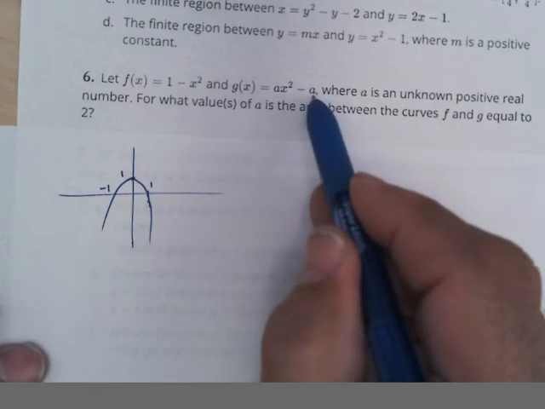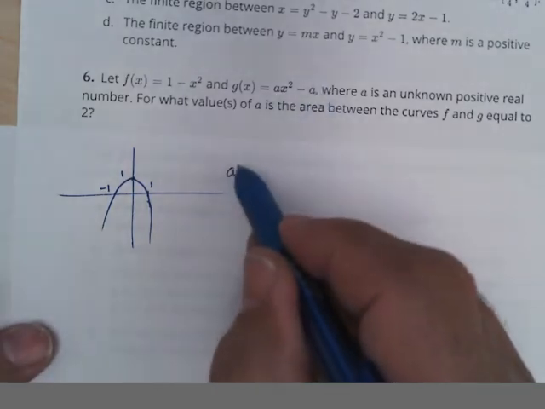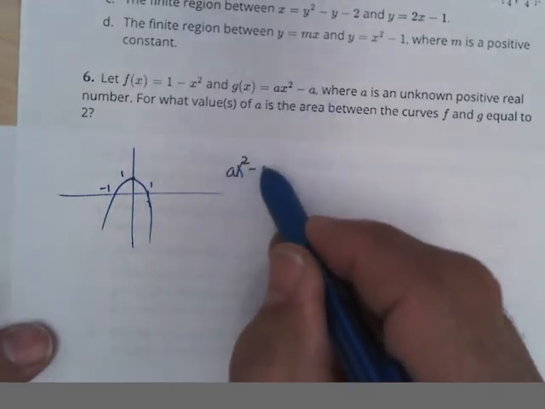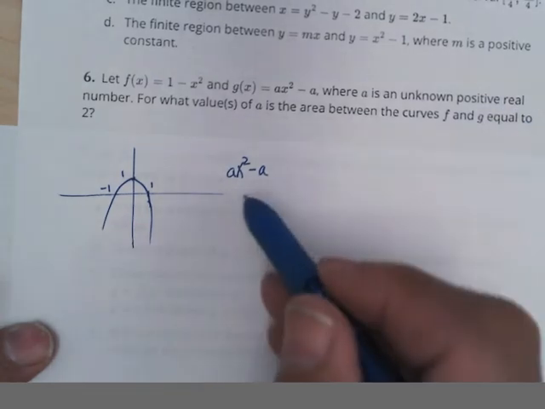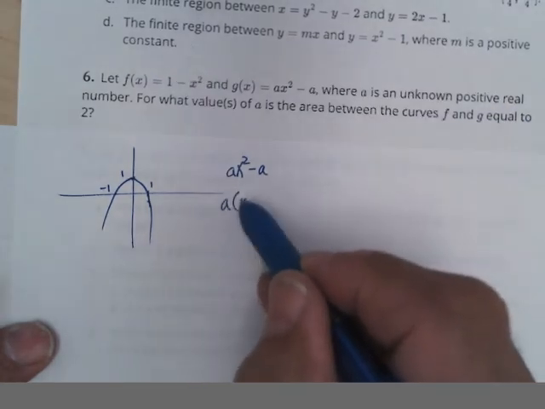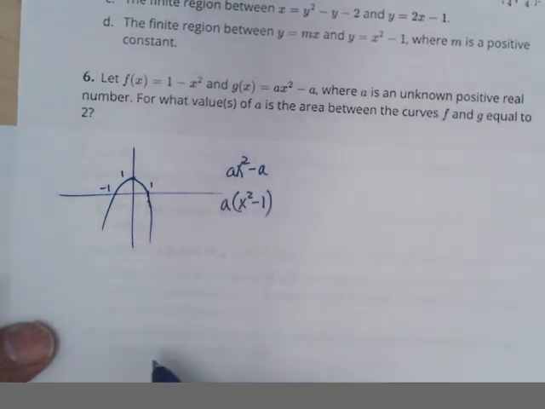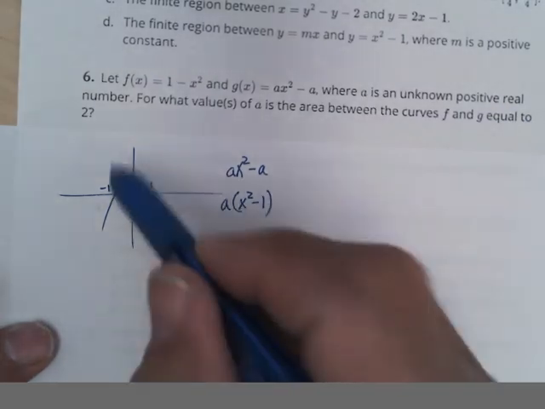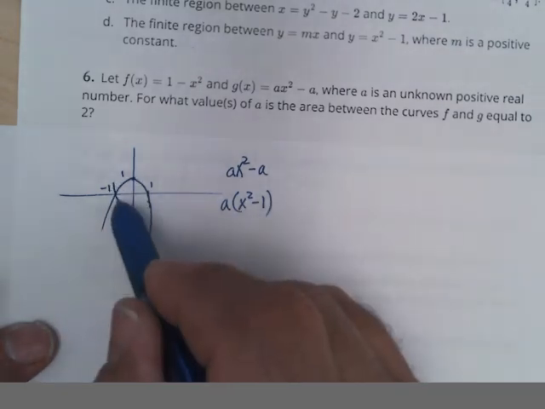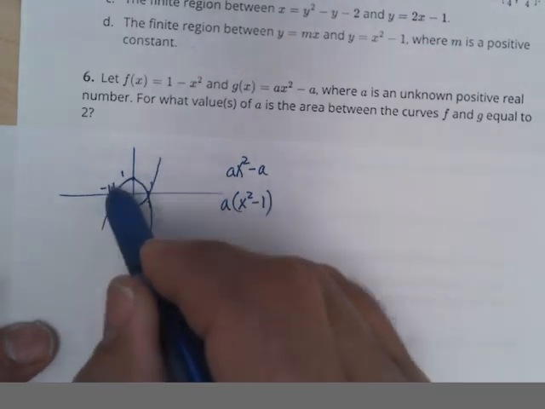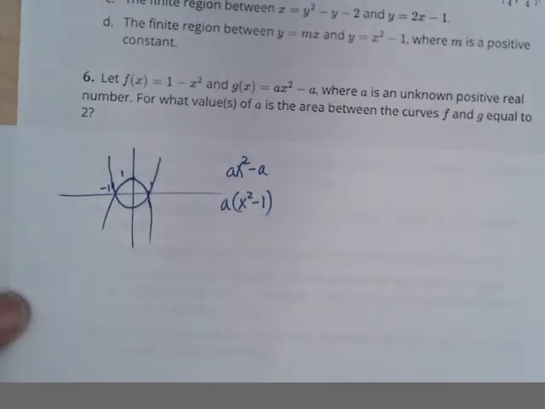And then we have ax squared minus a, and a is an unknown positive number, so if we factored it out, it'd be x squared minus 1, only now it's times a. So it's still going to go through -1 and plus 1, but it's going to be right side up.